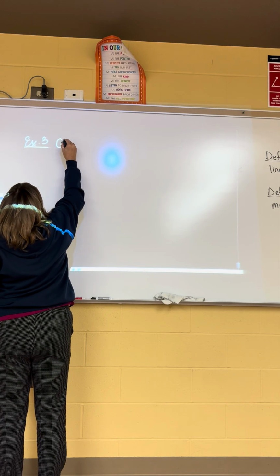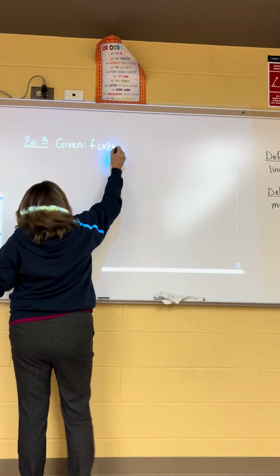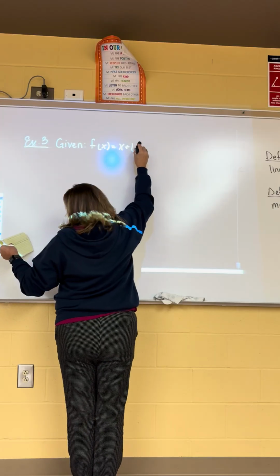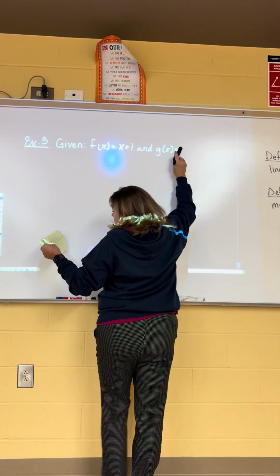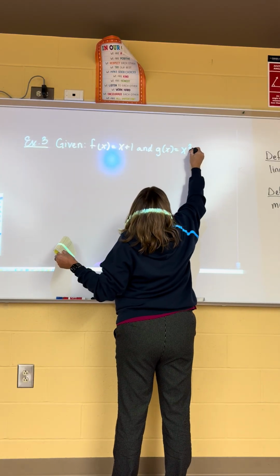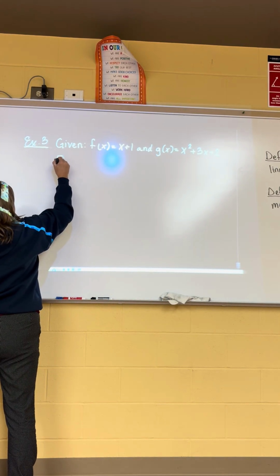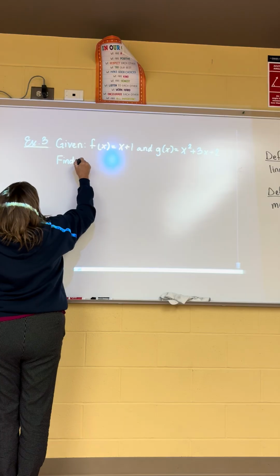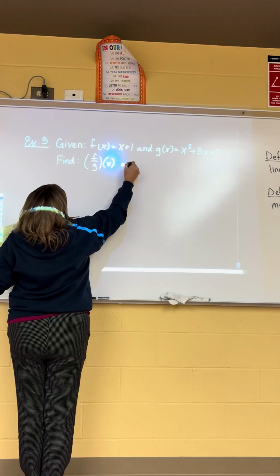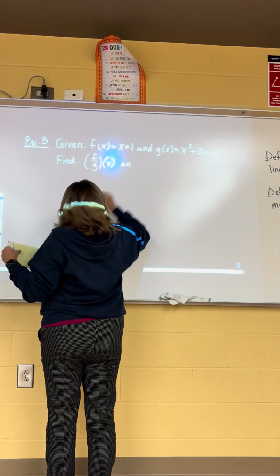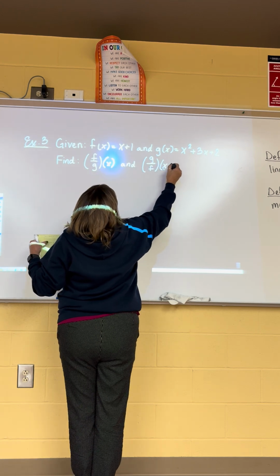Example 3. Given f of x equals x plus 1 and g of x equals x squared plus 3x plus 2, find f divided by g of x and g divided by f of x.